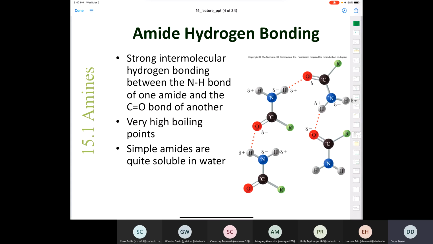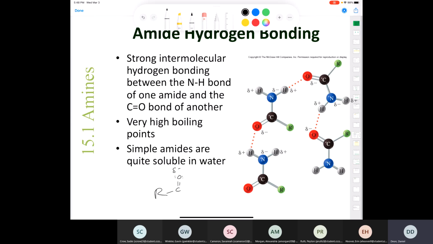Here we have a figure over here that shows hydrogen bonding between amides. And how would they hydrogen bond? Well, there's many different opportunities for hydrogen bonding between amides, right? Again, if we draw the generic structure of an amide right here, we have lone pairs on the oxygen, which are delta minus.